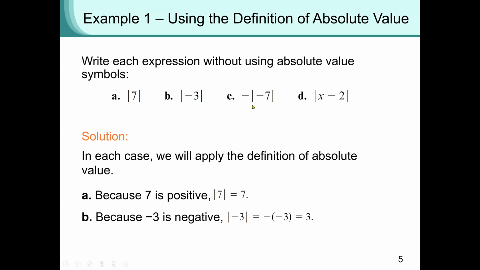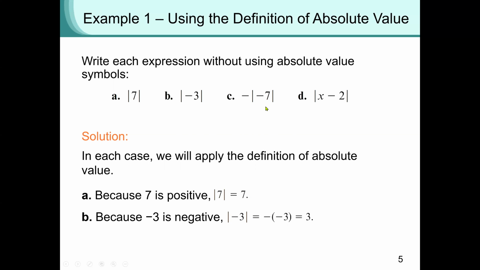Now the next example, we have negative absolute value of negative 7. First, we can see that the negative outside the absolute value doesn't have anything to do with the negative 7. So first, I have to find the solution of the absolute value of negative 7, then I'll multiply it by negative 1.